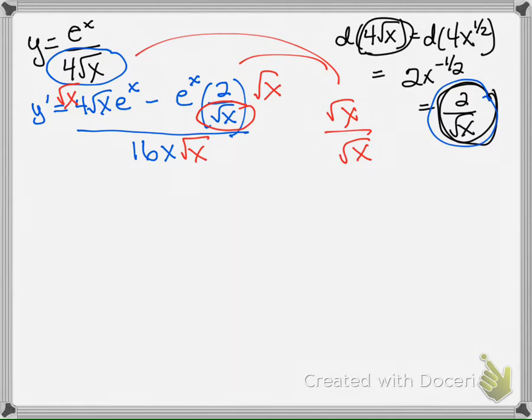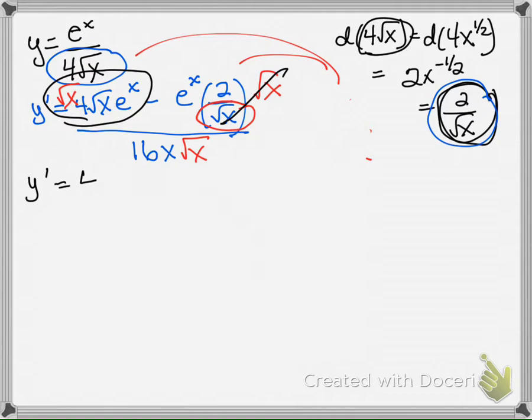Okay, so here we go. What does that do? Well, the whole point of it was it makes these cancel. So now I don't have a fraction within a fraction. So how does it simplify? This big bunch of junk there, we've got a 4 out front, and I have an e to the x, and I have a square root of x times another square root of x, which is just x.